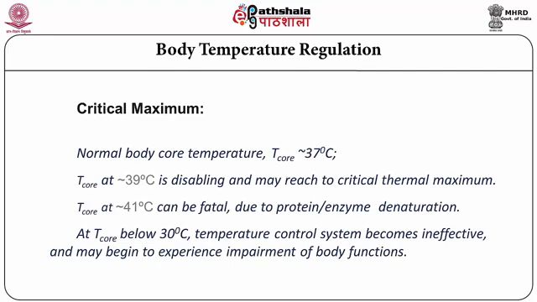In some pathologic conditions like fever, the body temperature can also go up to 41 degrees centigrade. That we often call fatal, because in our body we have proteins and enzymes that are at risk of denaturation.